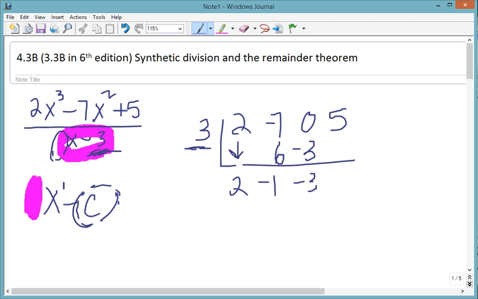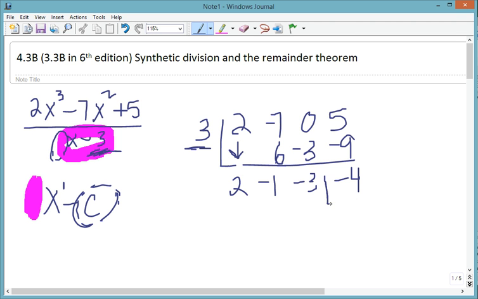Now I multiply again. 3 times negative 3, I'm going to put the answer right here. So the answer is negative 9. Then I add, and I get negative 4.